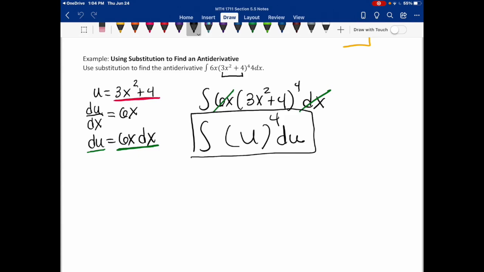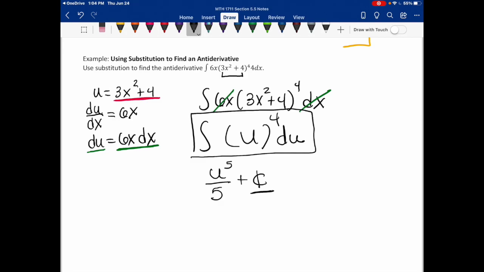So I'm going to find the antiderivative of u to the 4th du. This is much easier to find the antiderivative of compared to 6x times (3x squared plus 4) all raised to the 4th. If I find the antiderivative of u to the 4th, I'm just using the power rule. So I have u to the 5th divided by 5, and then I write in my plus c.